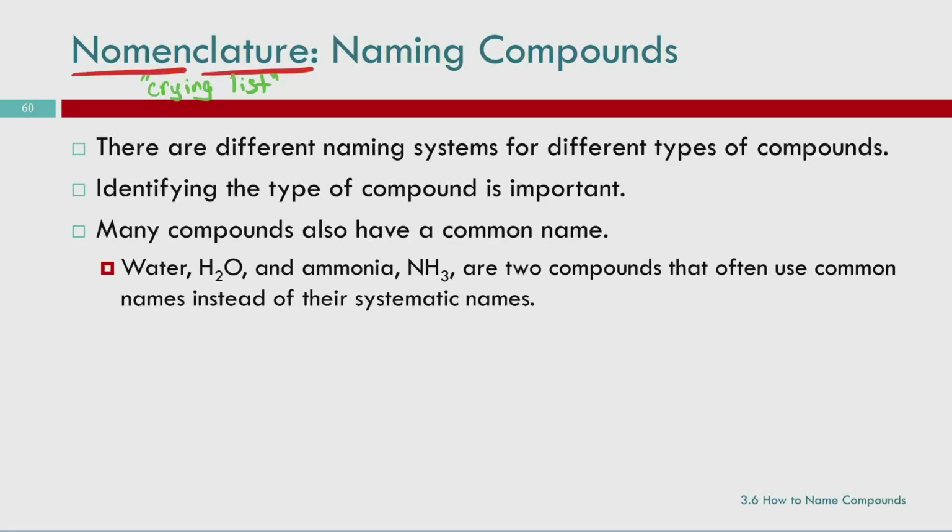Crying like the little boy on the corner, extra, extra, crying like yelling out reading. Really what it means is it's a naming list, but crying list can feel really appropriate sometimes because the rules can feel a little bit obscure and a little too particular. They have to be particular, as we'll find out.